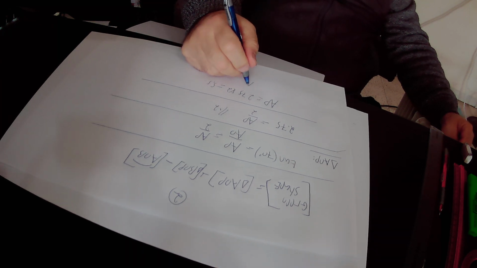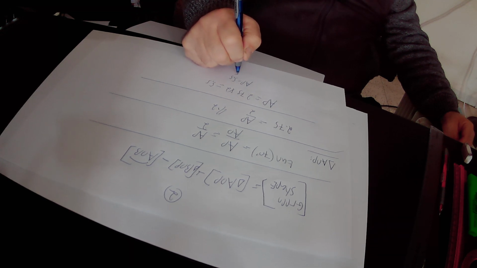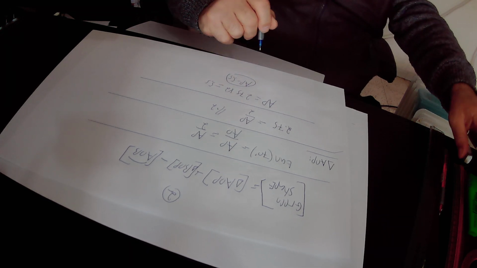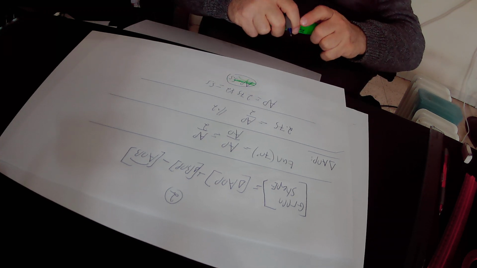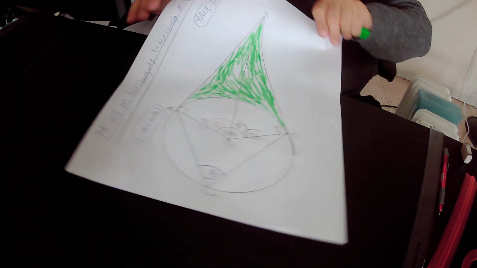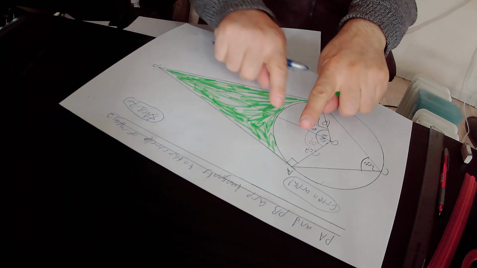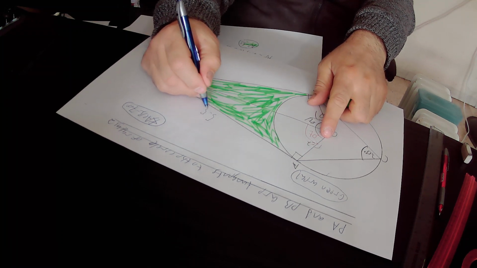So we found out that AP equals 5.5 units in length.